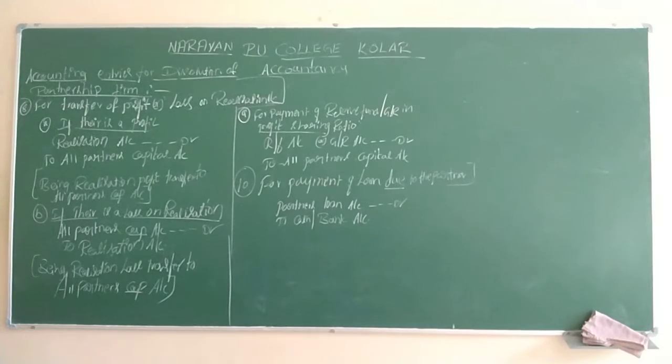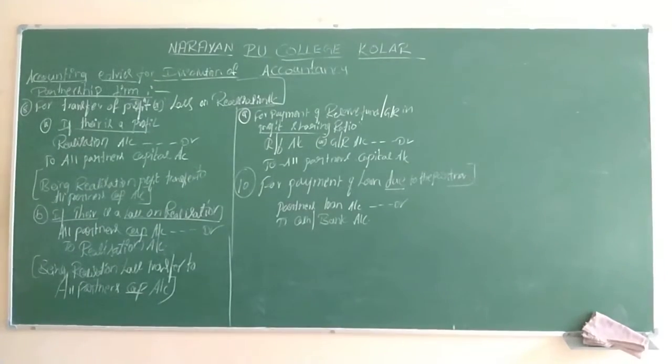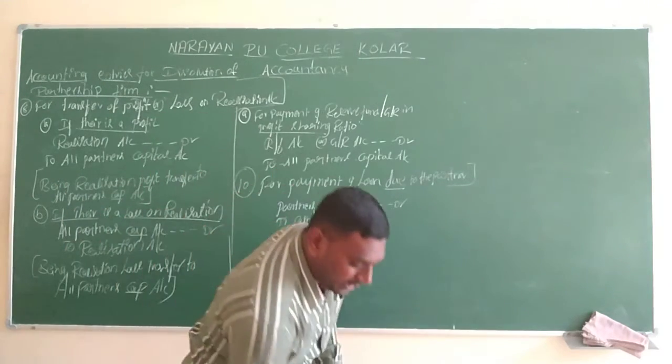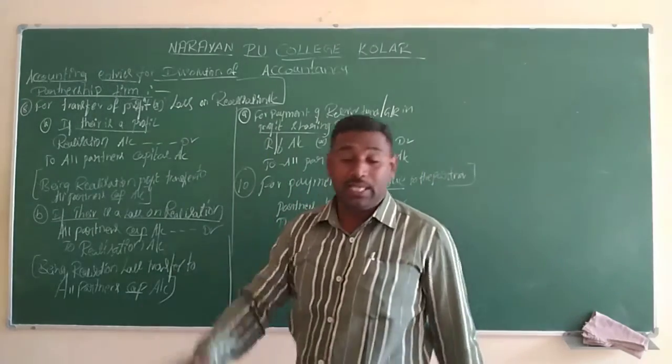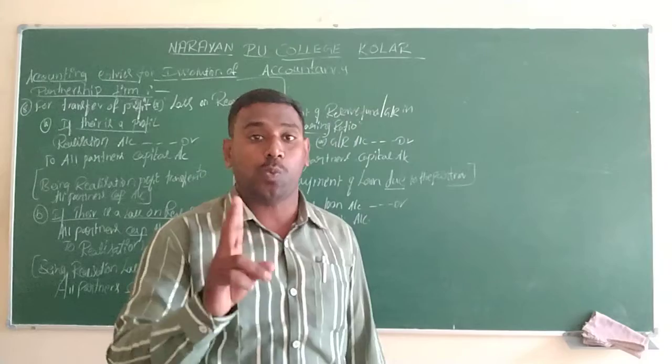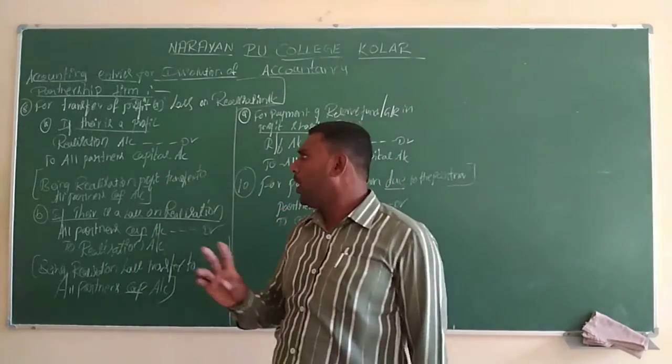So this is entry number 10. These are the journal entries we have to discuss in this chapter. Totally 10 journal entries will be there. Out of these entries, they will ask for 2 marks in the examination, any one entry.